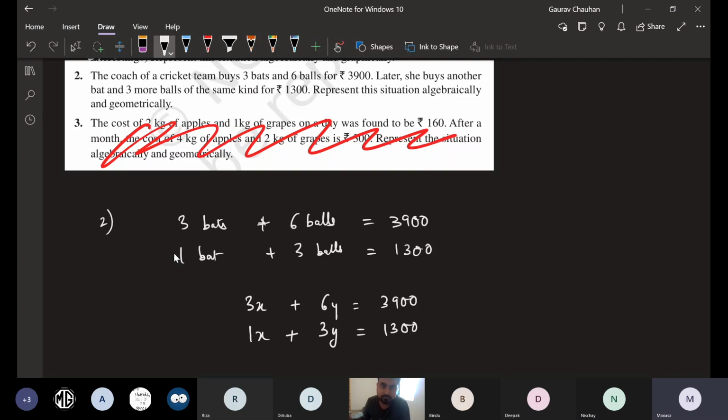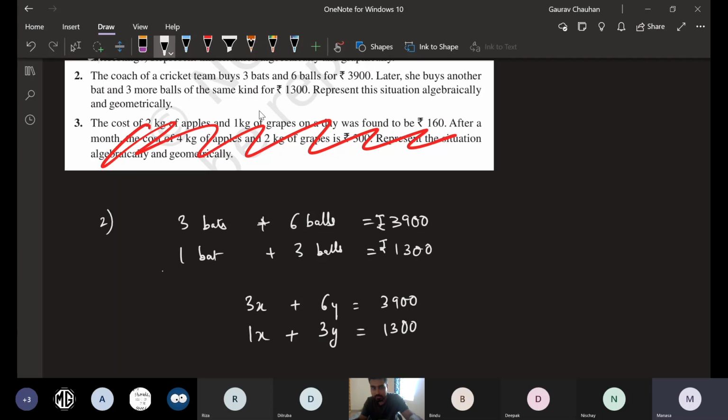Let x be the number of bats and y be the number of balls. Number of bats is 3, ma'am, 3 plus 1, 4 bats are there. Is x the number of bats or what is it? 3,900 is what, Manasa? It's cost, sir, rupees. Let x be rupees of bat.